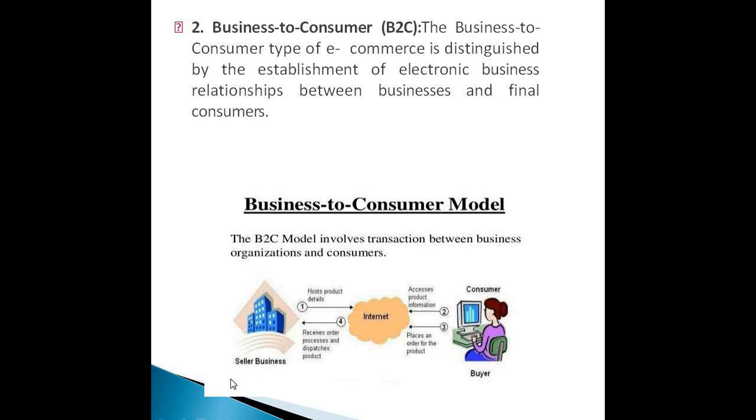In this diagram you can see the seller business and the buyers. Firstly, it hosts product details on the internet. Users access the details or information related to the products, and then they place an order with the help of the internet.